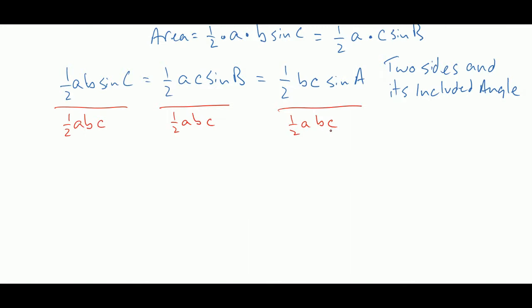Something interesting is going to happen as we go through that. When I divide everything by the same thing, I'm not changing the problem. My 1/2s become 1, A over A is 1, and B over B is 1. So I get the sine of C divided by little c is the same as the sine of B over little b.